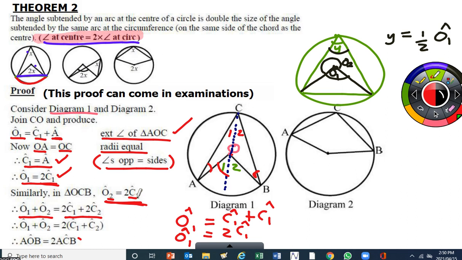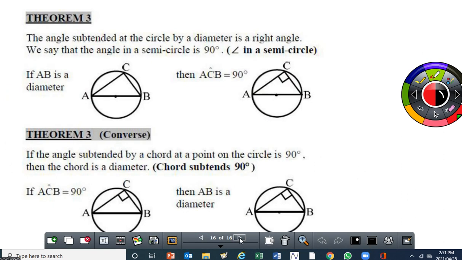Alright, let's do some examples. In fact, let me introduce Theorem 3, then we move on to examples. Theorem 3 is related to Theorem 2, and it is also one of the easiest.